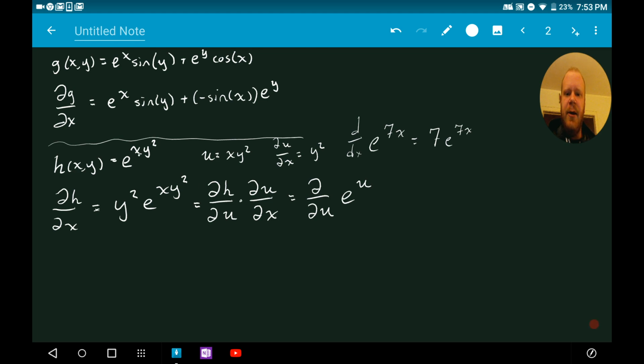So e to the u, right, times del u del x, which we decided was y squared. We can just kind of picture this as the partial derivative of some variable, e to that same variable. That's just going to be e to the xy squared times y squared.